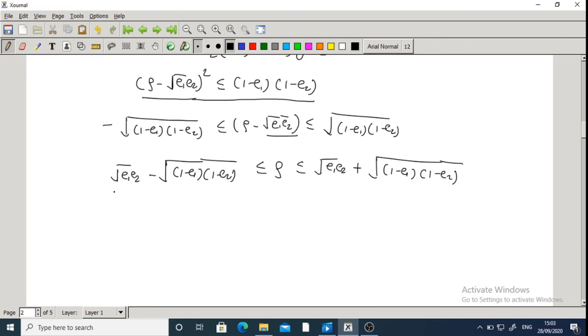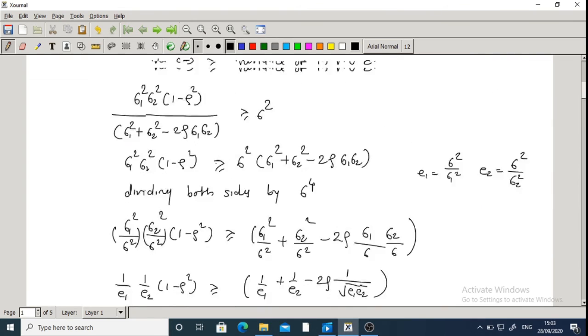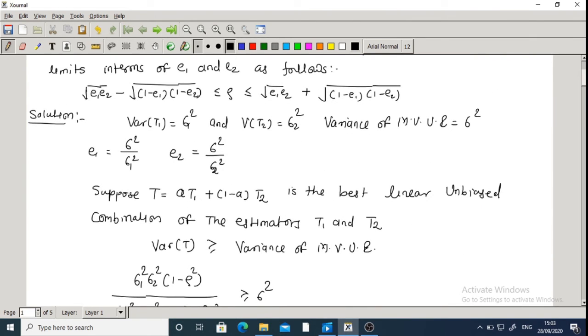So this is the result, and the same we have to prove. So square root of E1 E2 minus square root of (1 minus E1) into (1 minus E2) is less than or equal to rho, which is less than or equal to square root of E1 E2 plus square root of (1 minus E1) into (1 minus E2).